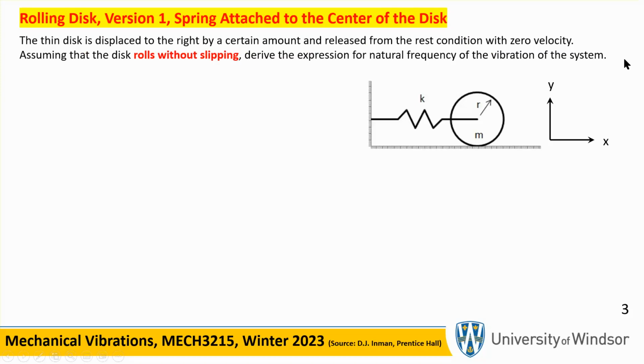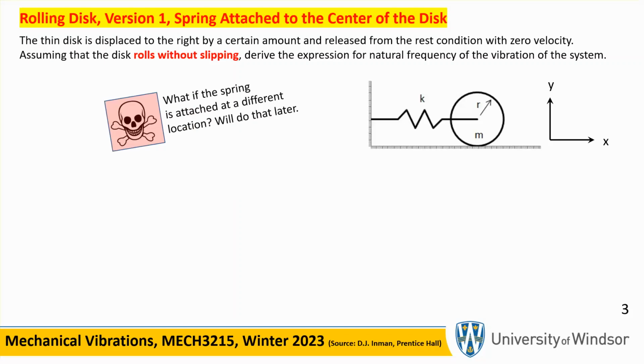Now, if the disk not only moves, but it also slips, then this becomes a 2 degree of freedom system, which is the last 4 weeks of the course, okay? So we're not assuming that, we're assuming that this is rolling without a slip.